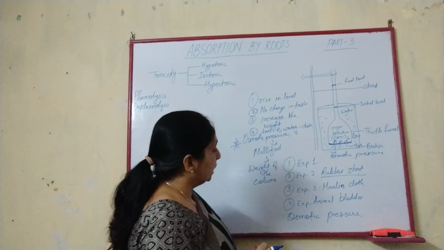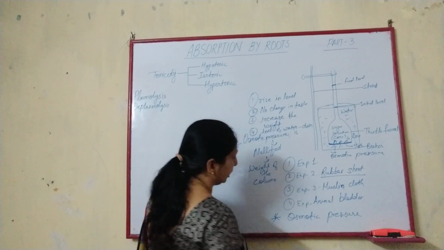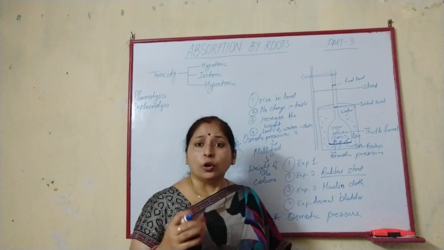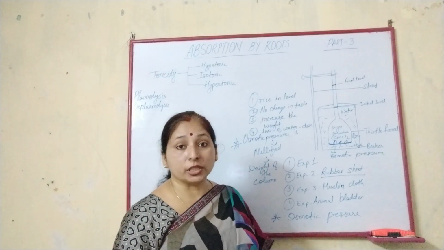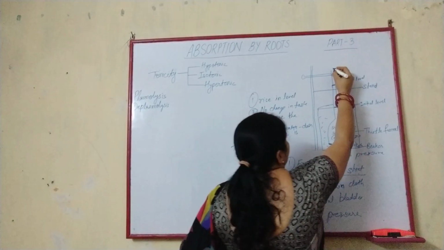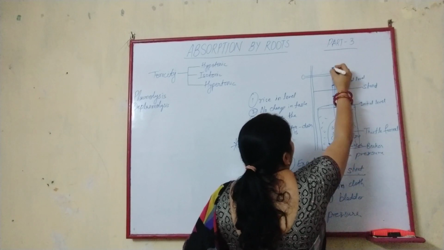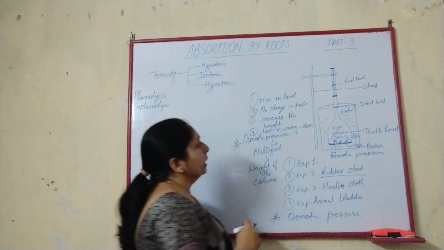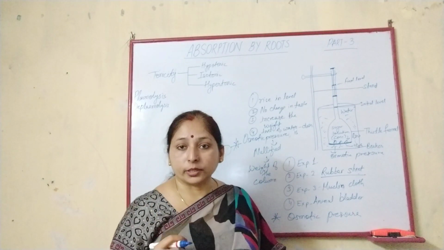These are all the points. Then one more term is related to this, the osmotic pressure. In the next experimental setup, just to prove what osmotic pressure is, we have kept a slight weight in this area. Putting a slight weight here, the osmosis process is stopped.